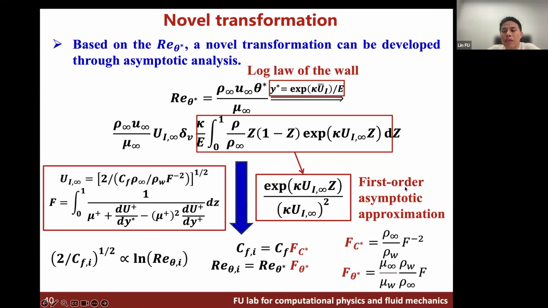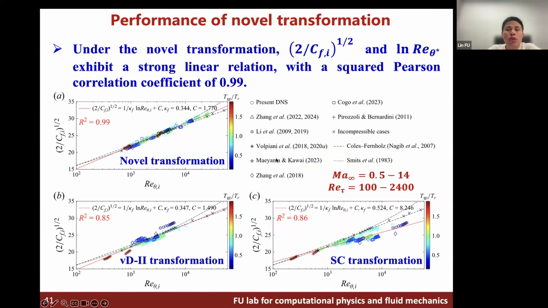We only retain the first order asymptotics and neglect the higher order terms. Eventually we can get analytical expressions for F_theta star and F_c star as the transformation prefactors of Cf and Re_theta, and that can effectively transform them to the incompressible Cf and incompressible Re_theta. With this new transformation, we collapse to the log law distribution. So that's the idea.